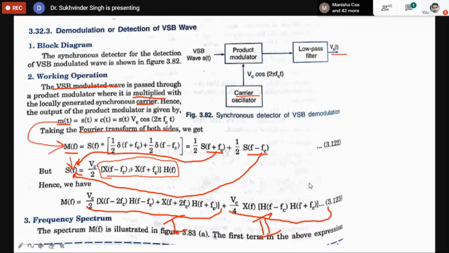In a similar way, wherever f is present in this equation, we will substitute f plus fc, f minus fc, and the factor of 1 by 4 comes from this half into Vc by 2 here. So this factor of 1 by 4 comes from there. Here also we will have a factor of 1 by 4. So in place of 2, this should be Vc by 4.